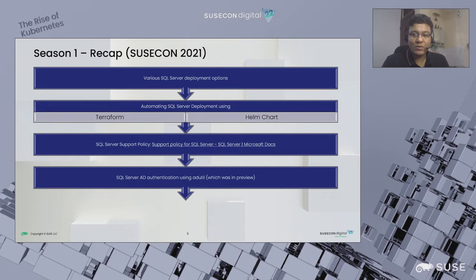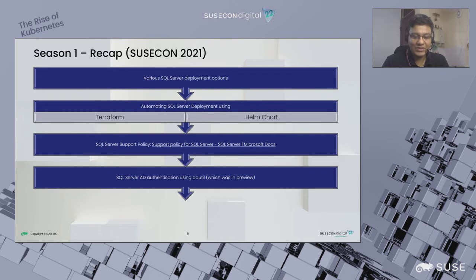Then we also spoke about the way you could get started with AD authentication. At that point in time, the tool we spoke about, AD Util, was still in preview. One of the promises we made was that by the time we come for SUSECon 22, we will have this in GA. And I'm happy to inform you all that this is true.